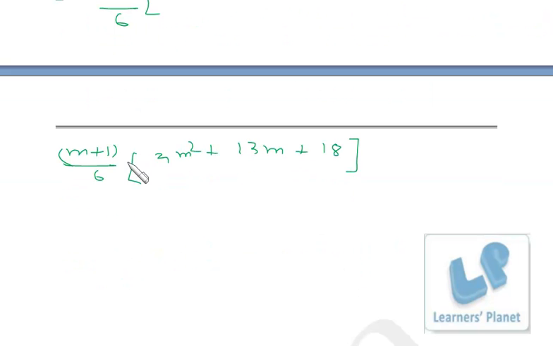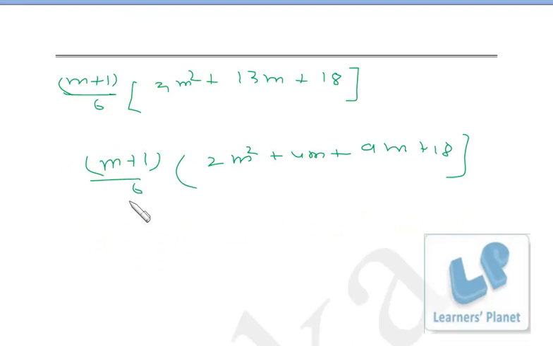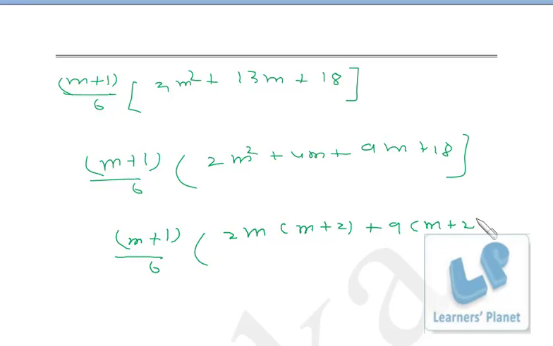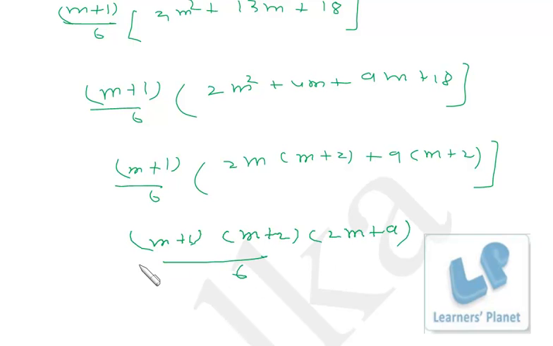Okay, so 18 into 2, 36. So factors can be 9 and 4. So (m plus 1) by 6 into (2m square plus 4m plus 9m plus 18). So it is (m plus 1) by 6, 2m is common, (m plus 2), plus 9 is common, (m plus 2). So it is (m plus 1) (m plus 2) (2m plus 9) by 6.